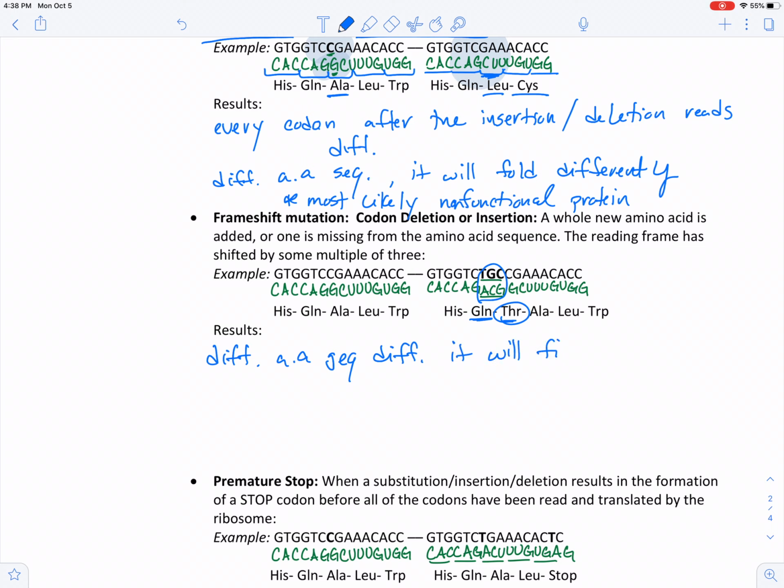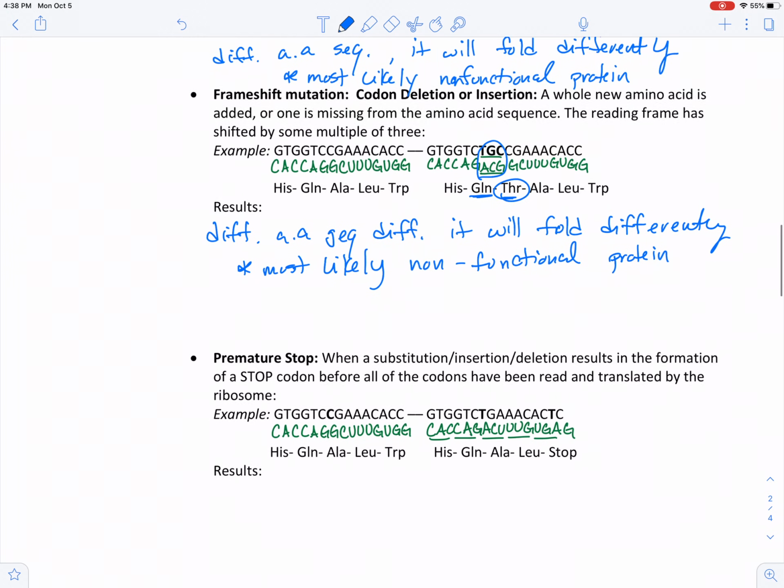And if it folds differently, then most likely it's going to be non-functional. There is always the chance that it does fold the same, just out of chance, and that it still functions, or that you get a brand new function. But the most likely scenario here is that it is a non-functional protein.